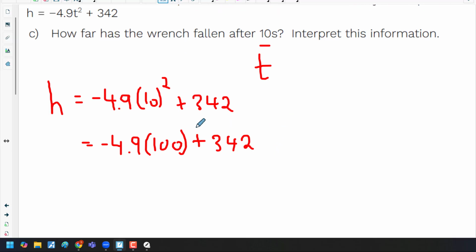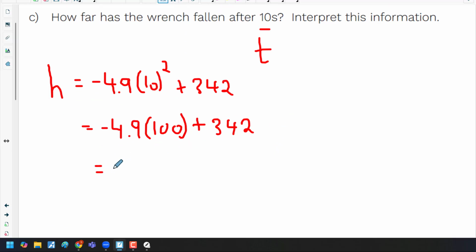You know 10 squared is 100, and 100 times anything, you just... The answer is negative 148 meters.